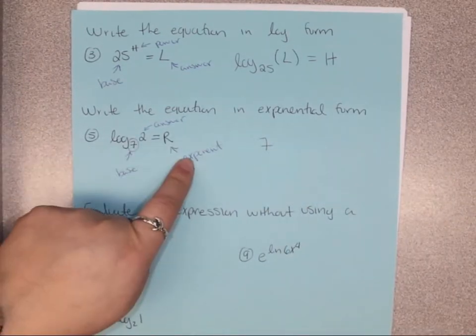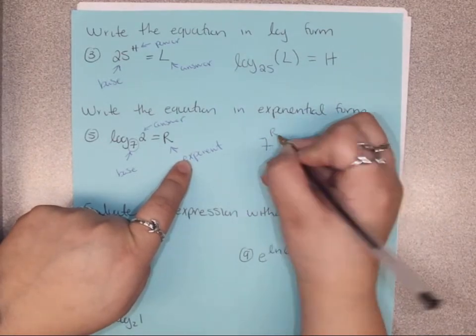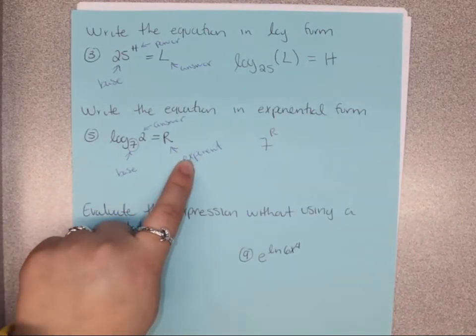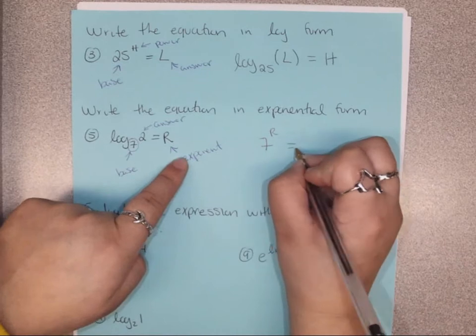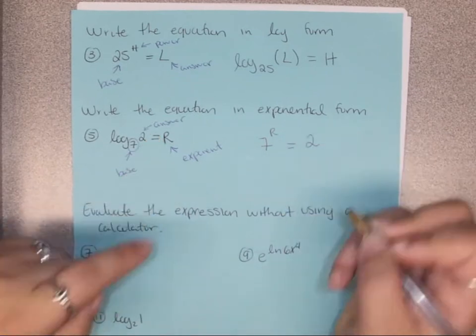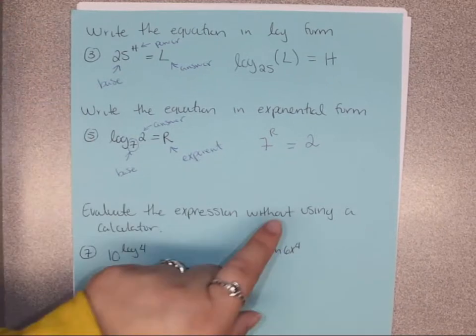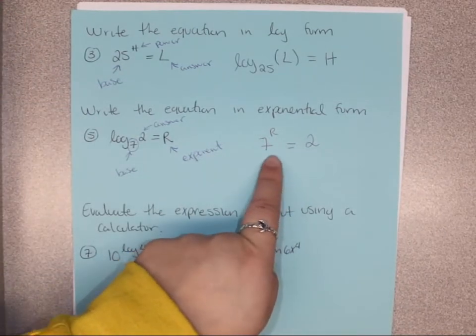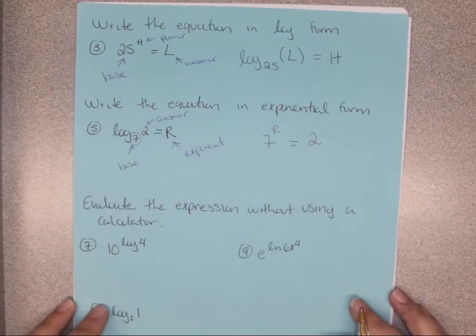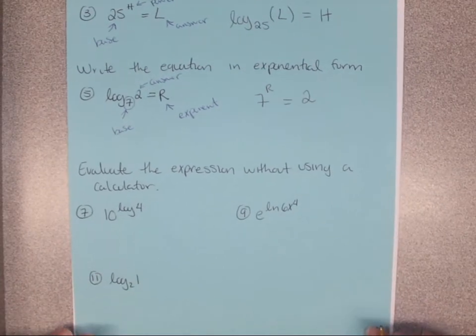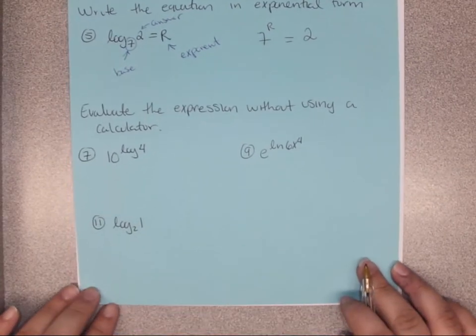Your base always gets raised to an exponent. In this case, our exponent is r, and this is equal to your answer. Our answer is 2. So that's how we change log 7 of 2 equals r into 7 to the power of r equals 2. So now let's take a quick look at how to evaluate without using a calculator.